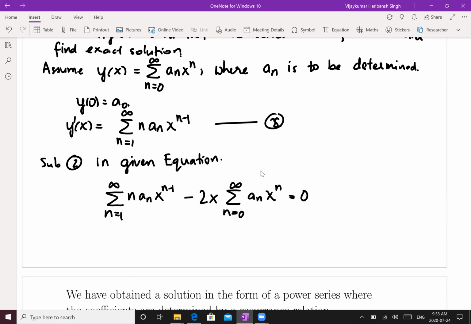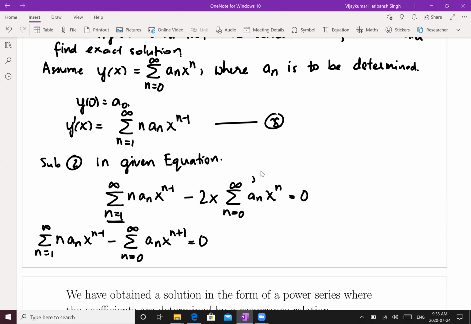Now what we'll do is try to get the coefficients together as a power of x^n. This starts with n equals 1, and this starts with n equals 0. So first let's move this x inside. We get summation n equals 1 to infinity of n a_n x to the n minus 1, minus summation n equals 0 to infinity of 2 a_n x to the power n plus 1, equals 0. Now if I want to combine these, I have to combine them power by power.